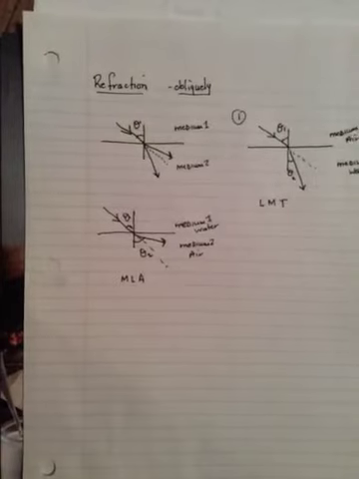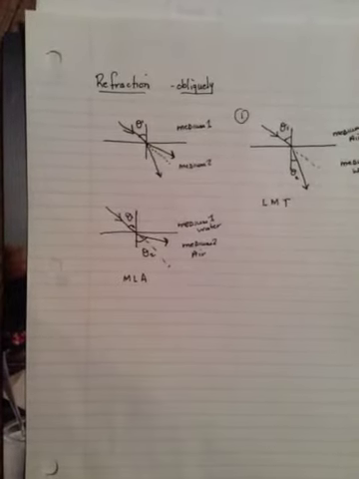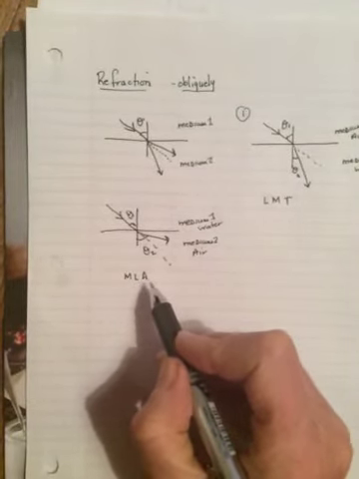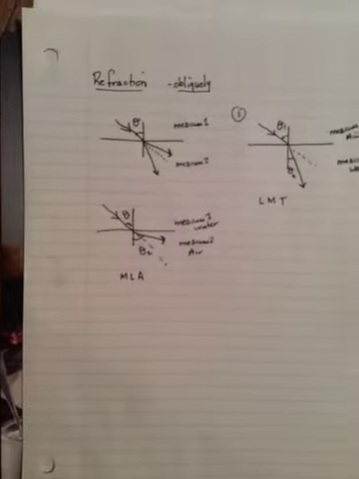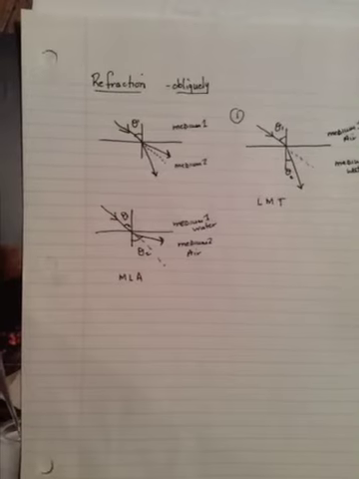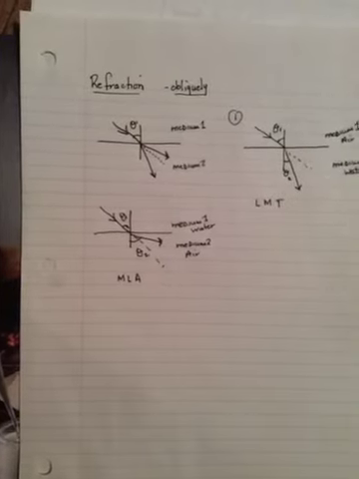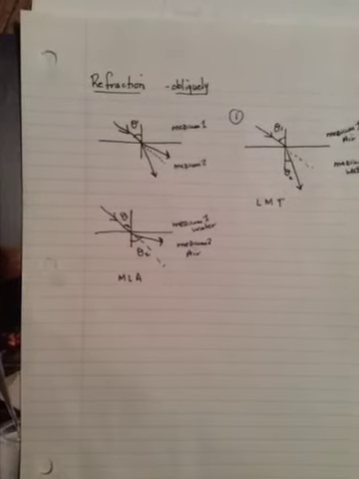Okay? And it will come in handy for you if you can remember when it bends towards or when it bends away. And you'll notice I wrote down MLA down here because I think you've all heard of MLA. When we're talking about writing a term paper, for example, MLA is a way of referencing things.